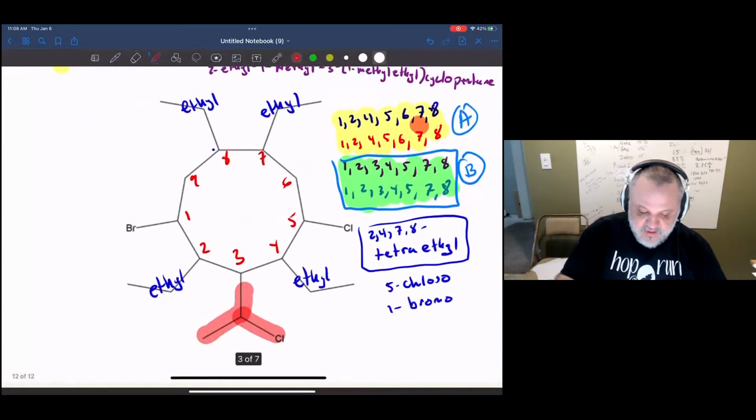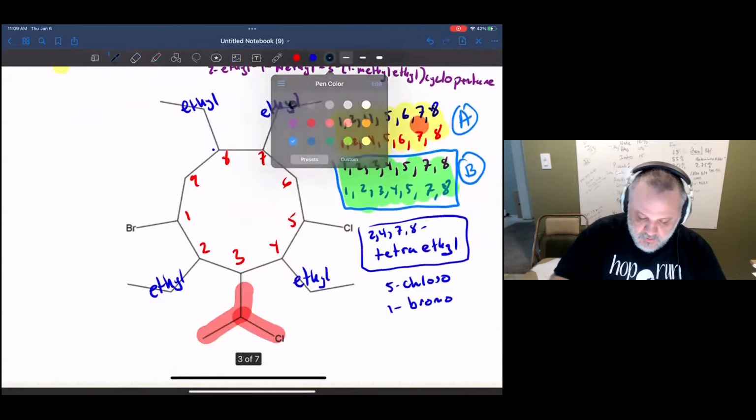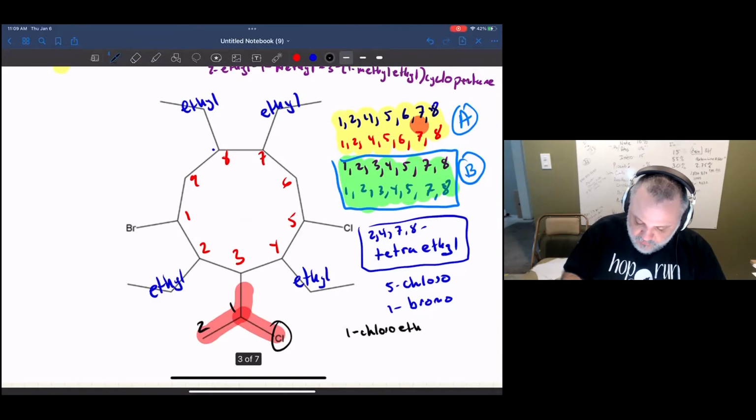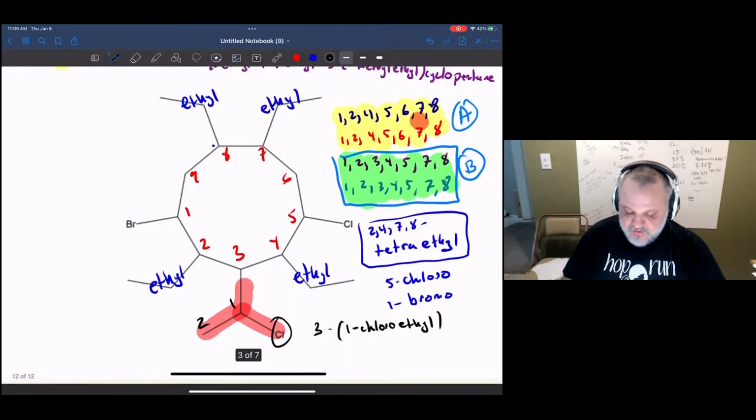And so the only other one to figure out is this one. And so it's a 2-carbon chain with a chlorine group off of it. So it's a 1-chloroethyl. And where is it located? It's located at the 3 position. And so we have everything sorted out.